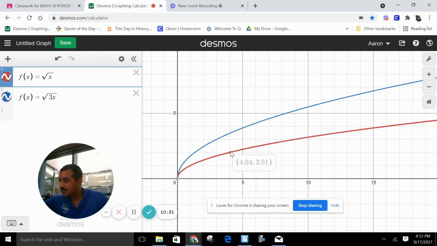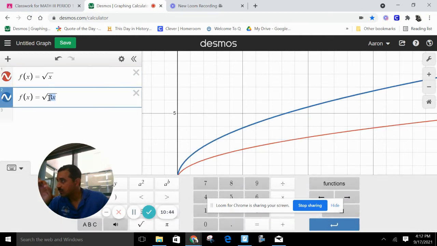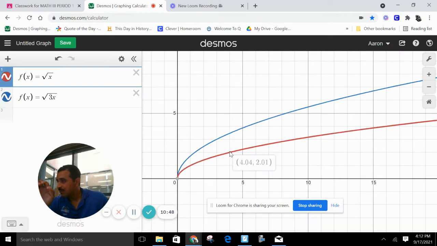What happened is that the 4 right here at 4, 2, if you take the x coordinate and multiply it by 1/3, just the x coordinate, not the y. Because notice the x on the function right here is being multiplied by 3. What ends up happening is that every x coordinate on the original parent is multiplied by 1/3, which is the same as divided by 3.